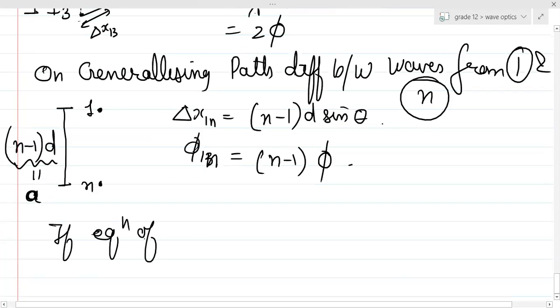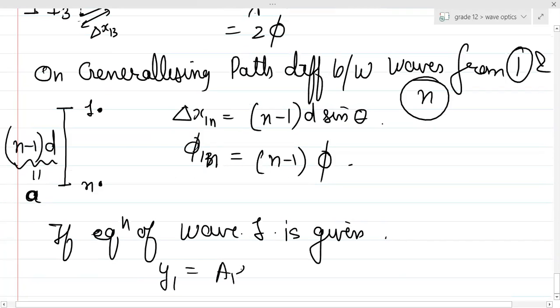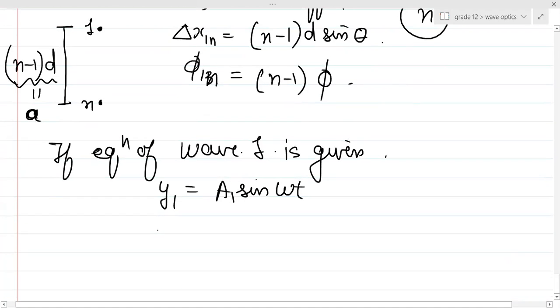Now if the equation of wave 1 is given by y1 equals a1 sine omega t, then what is a1 basically?